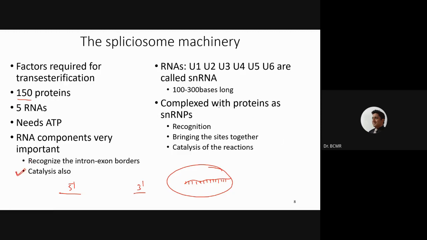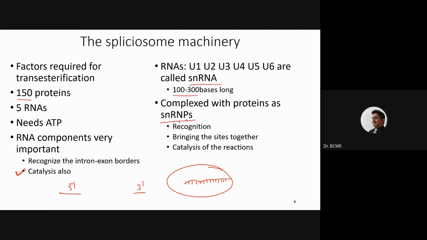So we will find small nuclear RNAs. They are U1, U2, U3, U4, like that. And they are about 100 to 300 bases, not base pairs, you should say, because it's single-stranded. So we'll say bases. And they form something called SnRNPs, small nuclear ribonucleoproteins.